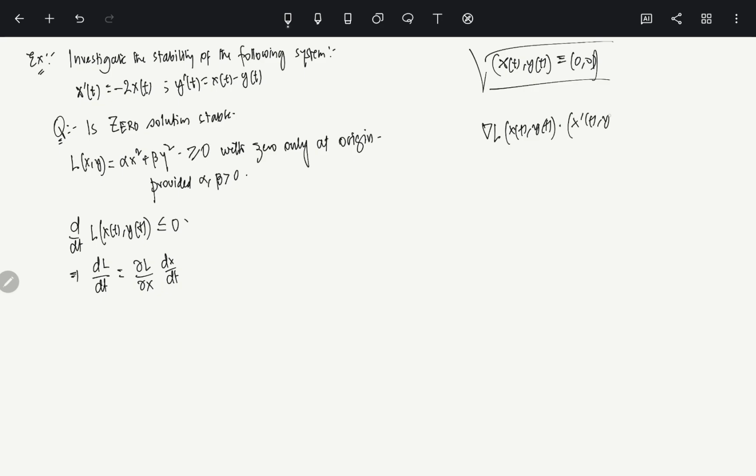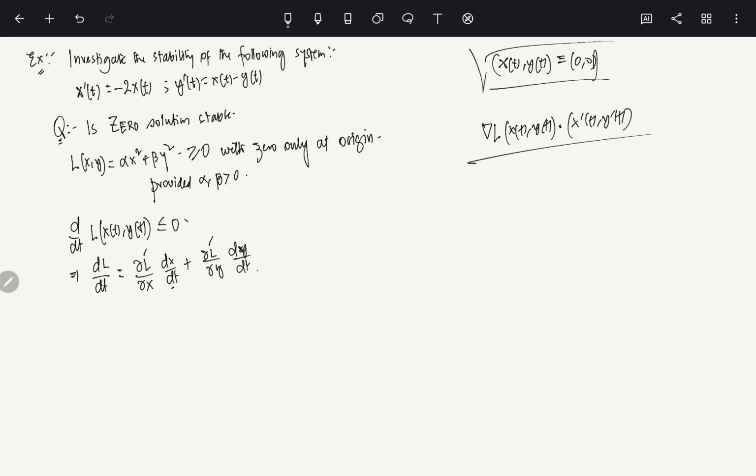That's what it is, right? You understand? So this is the same thing: the gradient of L is this and this, and x' and y' are this and this. If you take the dot product, this is what you are going to get.